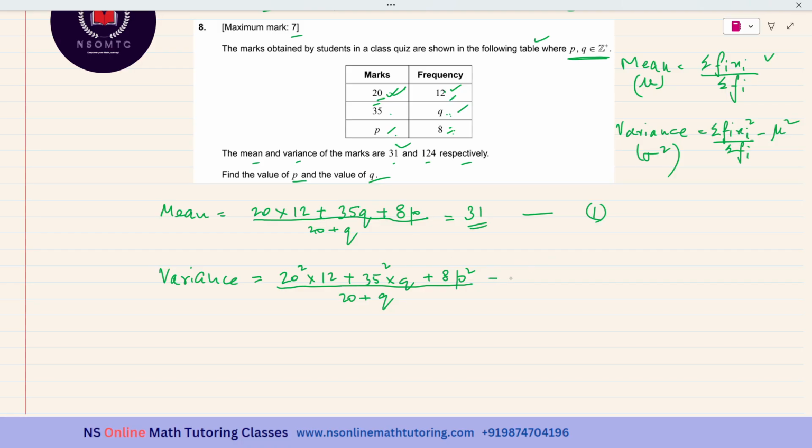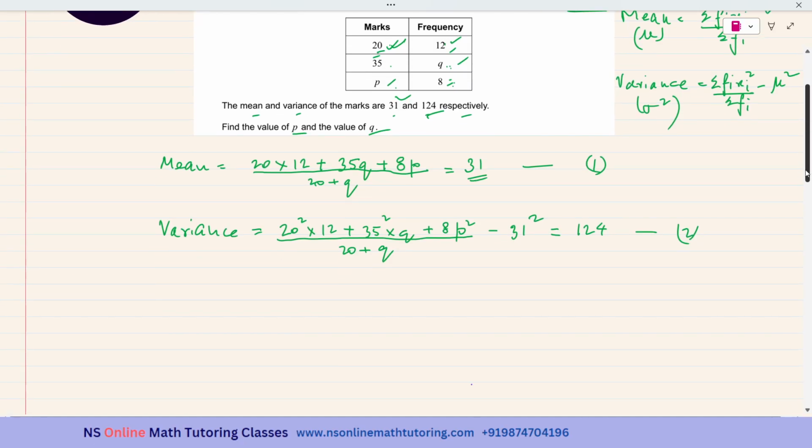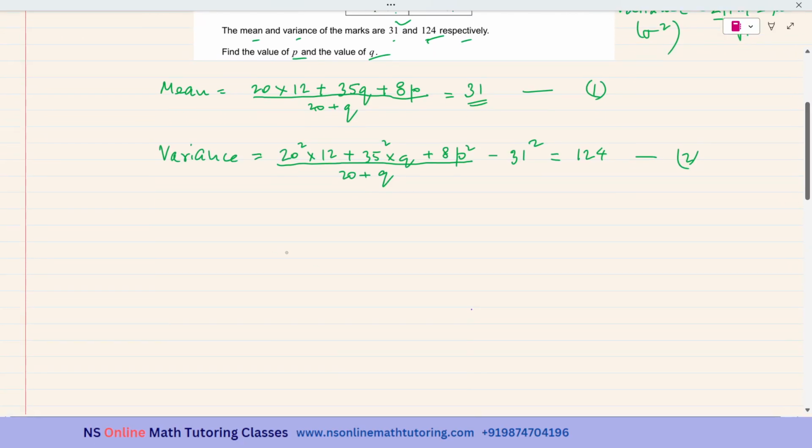Mu is 31, so mu square is 31 square. This is equal to 124. Fine. So now this can be numbered as equation number 2, and we are having 2 equations and 2 unknowns. So we should be able to get the values of P and Q.